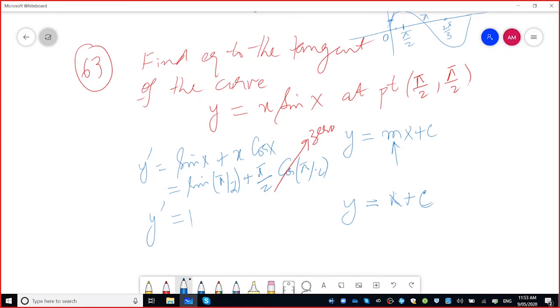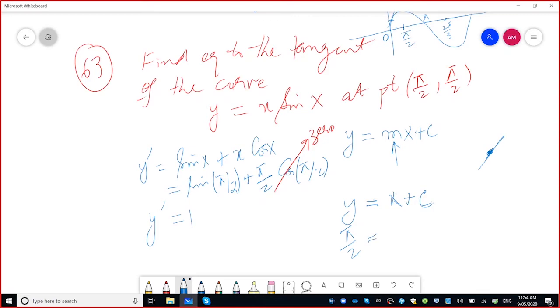These pi over 2 values are for the sinusoidal equation, not for this tangent equation. But you are right, in fact, because the tangent is coming through this point, the value is pi over 2.